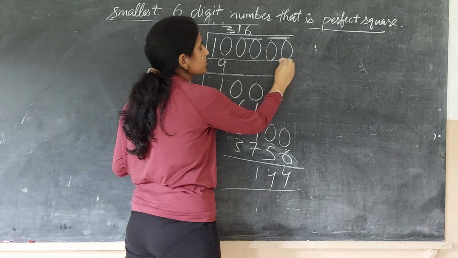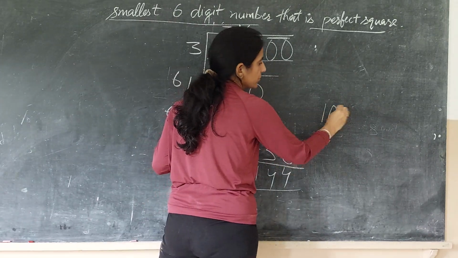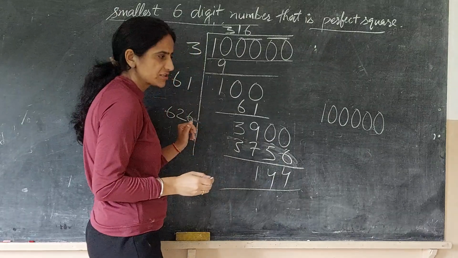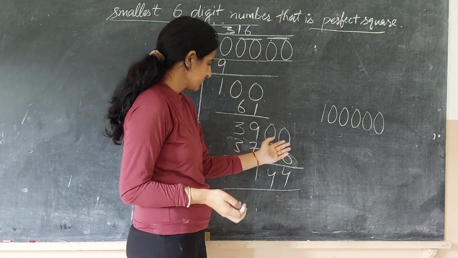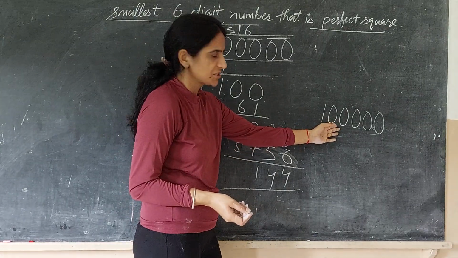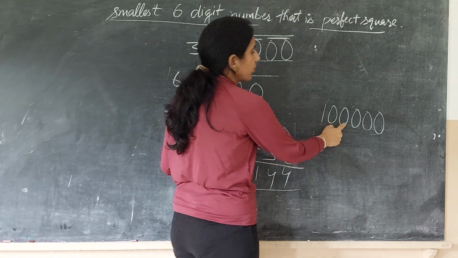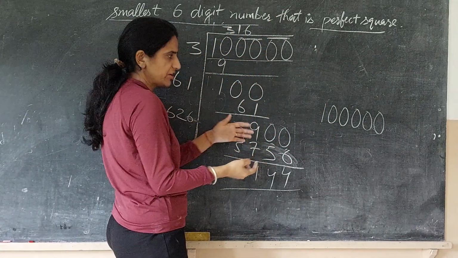See, this is the smallest 6-digit number, no? So this is the smallest 6-digit number, and its square root is 316 point something, no?